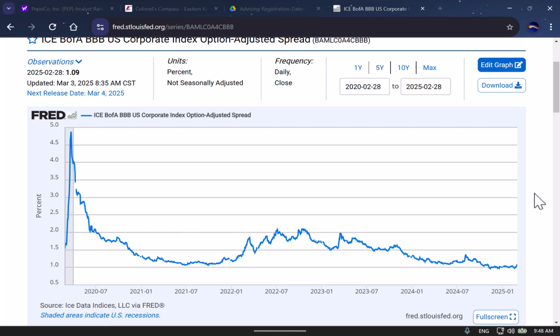In fact, one of the concepts we're going to use is yield to call, for example. We normally use something called yield to maturity, but if the bond is callable, we can also think about yield to call, because call price is not necessarily the same as the face value.